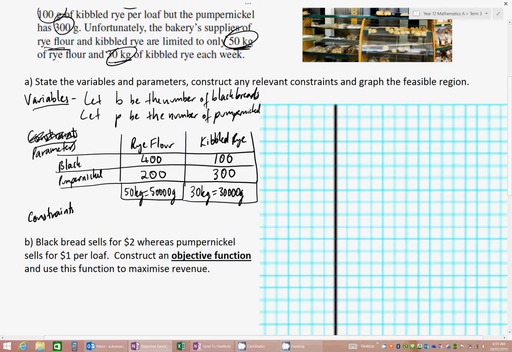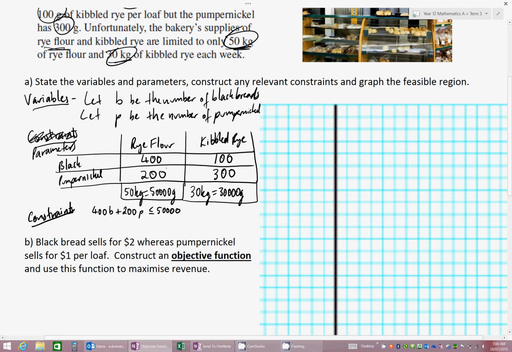So the constraints that we have are that the total amount of rye flour is 50,000 grams. So if we're making B lots of black bread and P lots of pumpernickel, then we need to make sure that 400B plus 200P doesn't exceed 50,000.